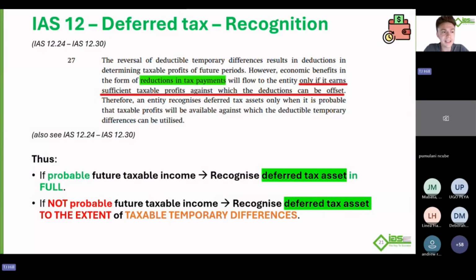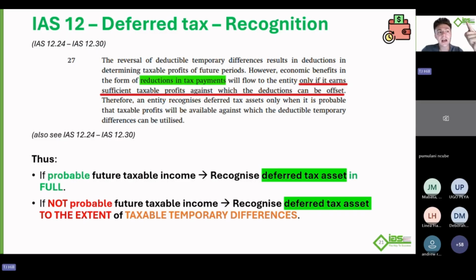You will take it down to 0. So you will not have a DT liability, but you will also not have an asset. You can't have an asset in your books overall if you don't think you're going to have enough money to actually get all the benefit of the asset. Because remember, I said you can only get the use of the deduction or the assessed loss if there's something to deduct it against.